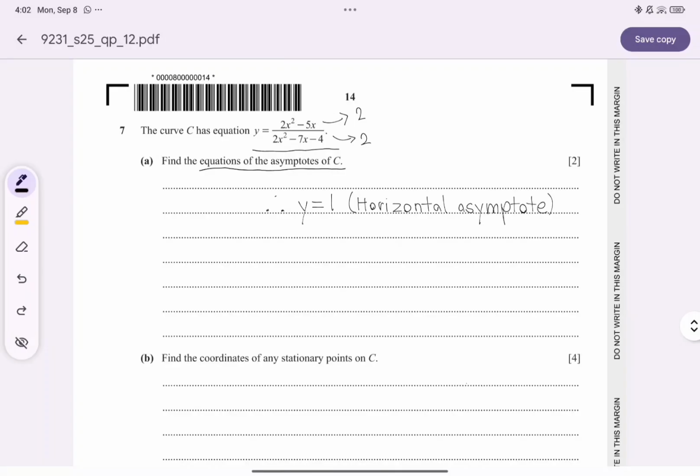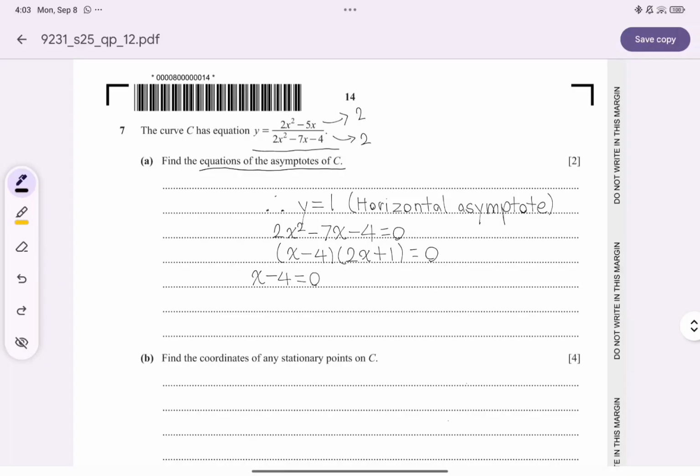Okay, and now to find the vertical asymptote, just equate the denominator to 0 and solve for x. So let's factorize the equation. So this would be x minus 4 times 2x plus 1 equals 0.